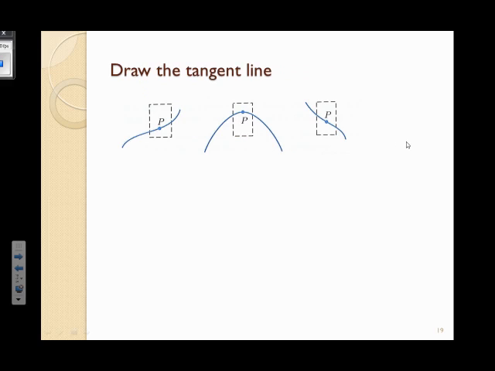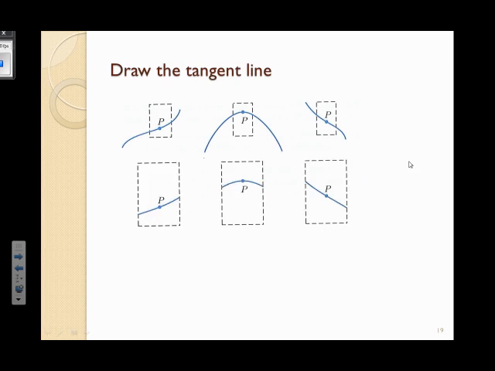Now, here are three different lines, and at each of these there's a point P where we want to find the derivative or the slope at that particular point. Now, the little boxes then are taking that portion of the graph and enlarging it. So now what we want to do at point P in the second row is draw the tangent line to that point.